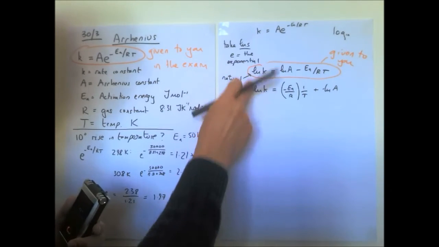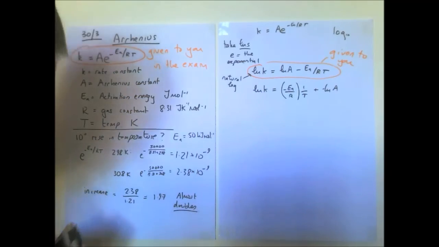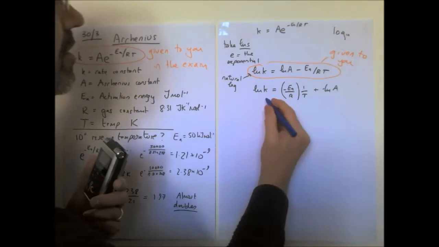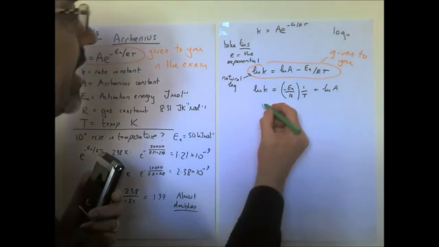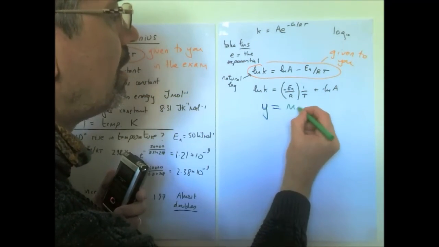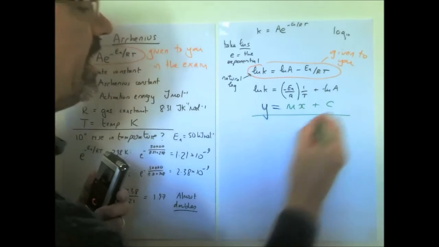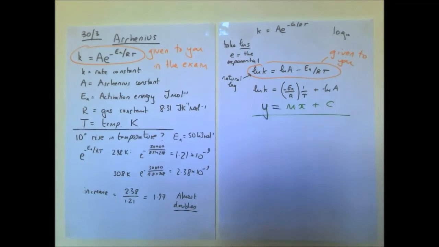You need to be able to change that into that. And the important thing about that, of course, is that we've now got a y equals mx plus c form of the equation.